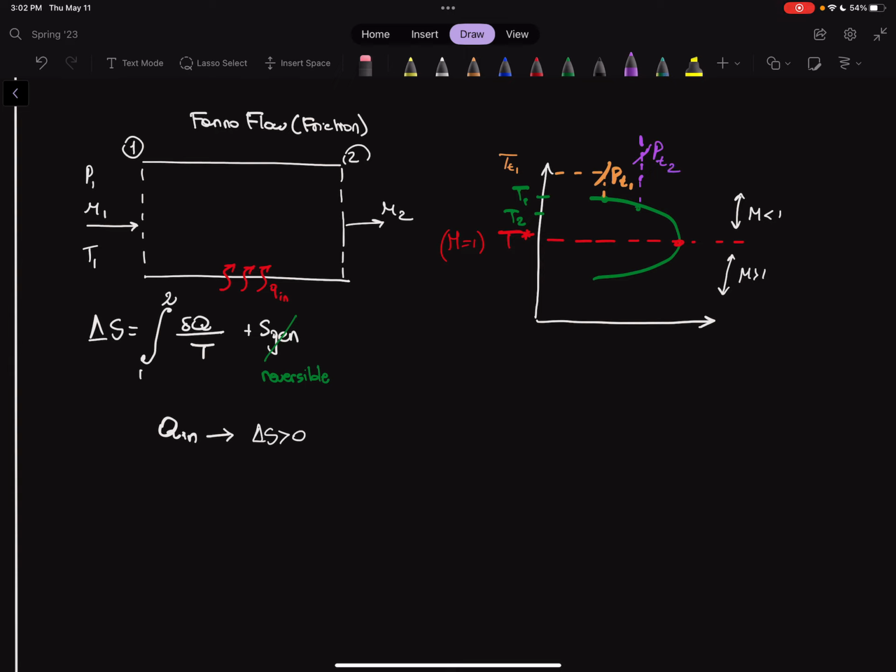Here the total temperature increases. And so when you go to the right like that, here you would have P1 and here P2. So you go like that, you heat when you go to the right. When you go to the left, because it's reversible, you can imagine going to the left, you cool down. Okay.